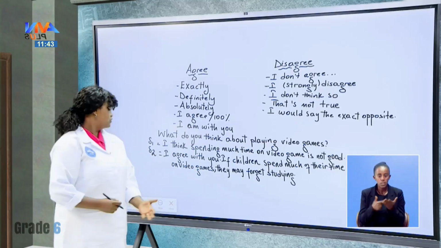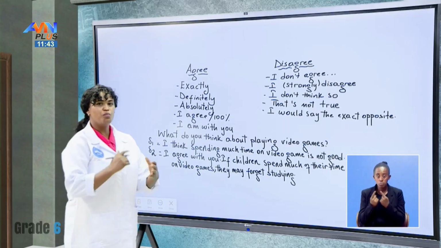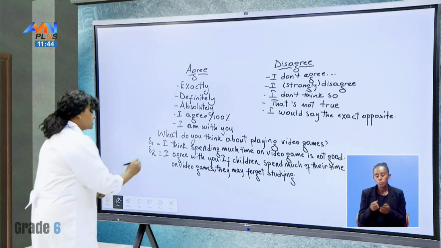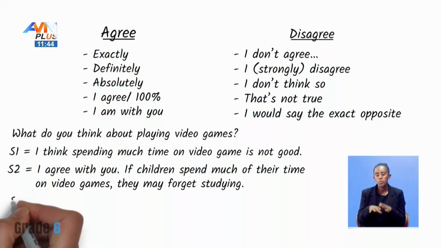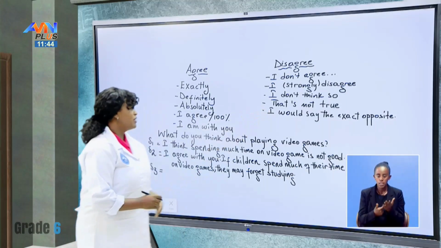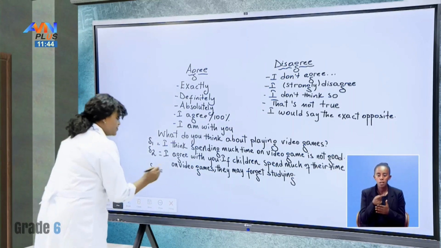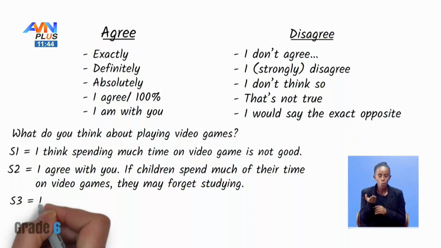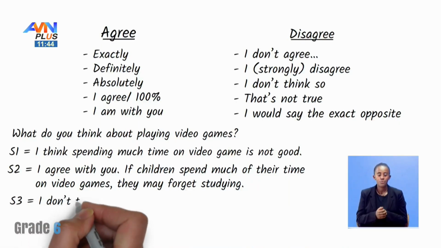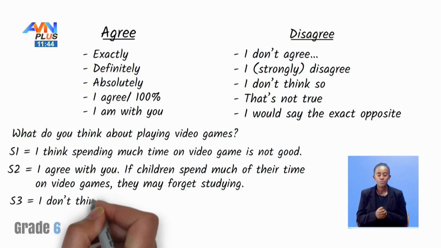This person, which is speaker 3, is going to oppose or to disagree. Let's do that. Speaker 3 says or uses one of these. He might say like this, I don't think so.